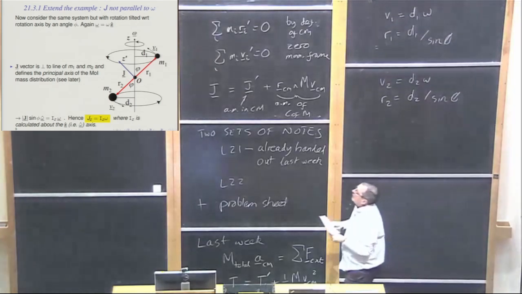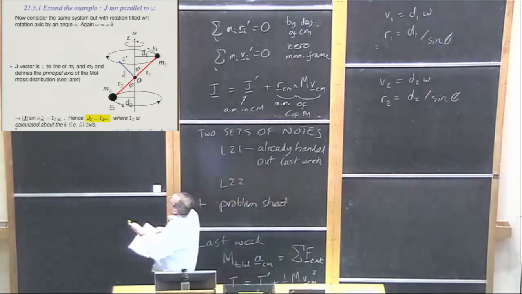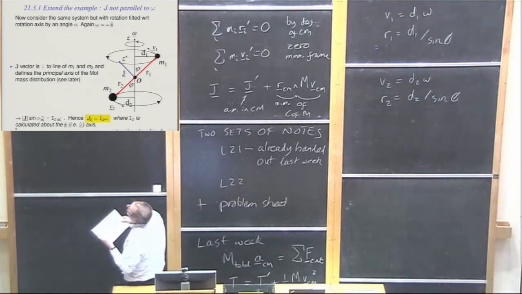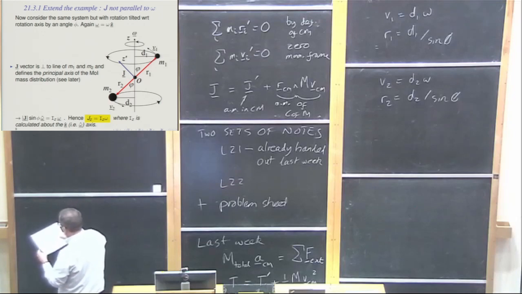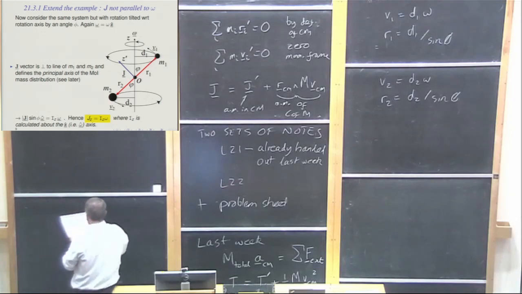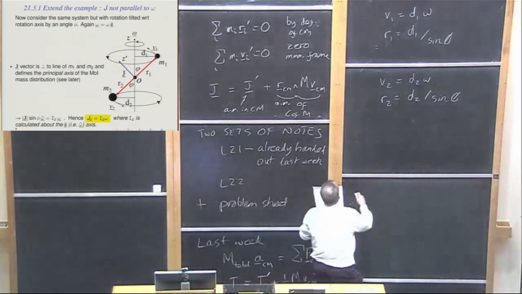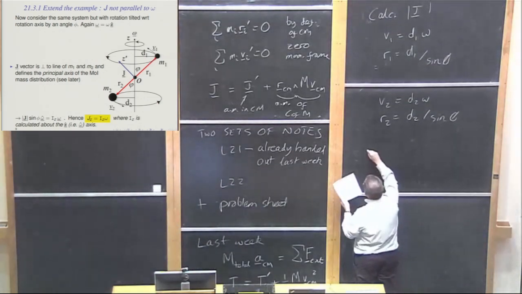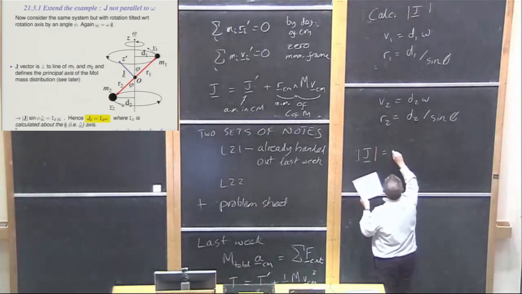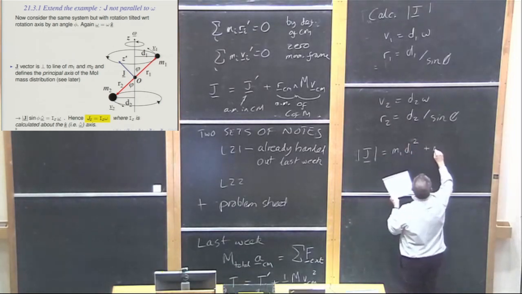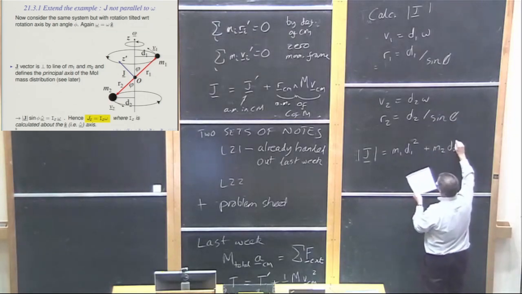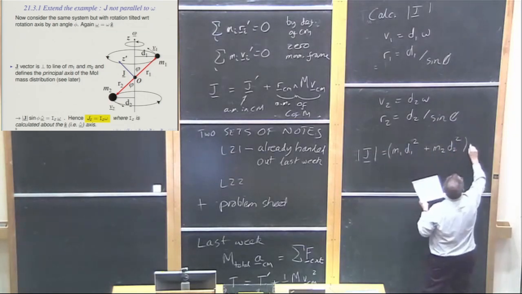So for the angular momentum, as previously, the magnitude of J is equal to M1 D1 squared plus M2 D2 squared, all multiplied by omega.